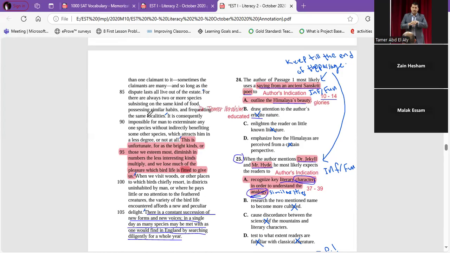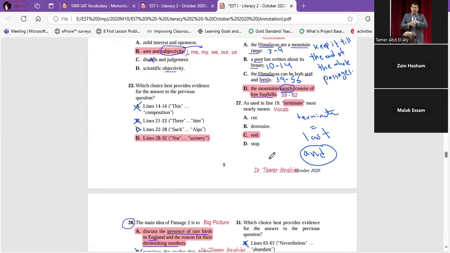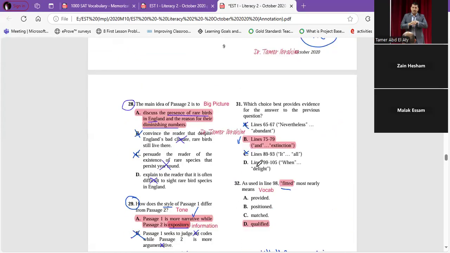It's consequently impossible for man to exterminate any one species without indirectly benefiting some other species which attract him in a less degree or not at all. But he doesn't talk about the area that is populated. No, I'm not going to take it. Let's take a sense before, after, or what will come after.